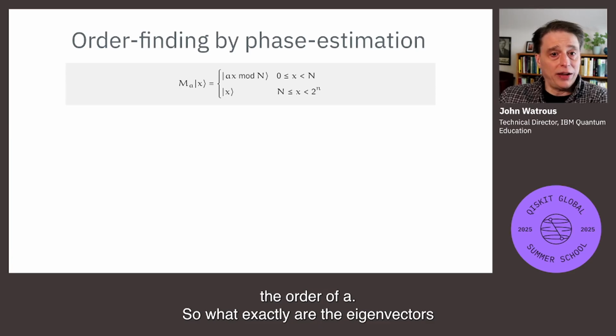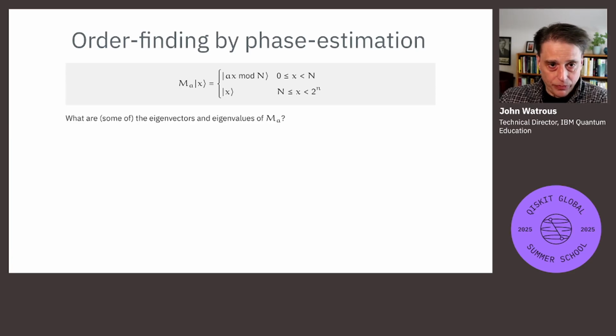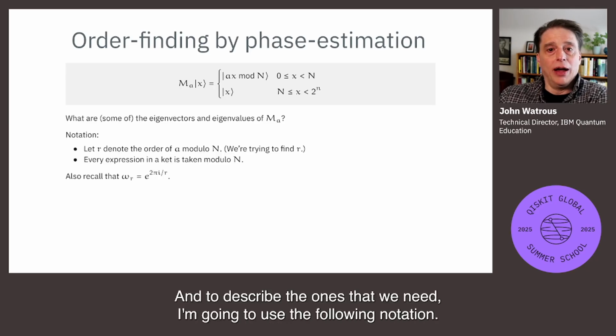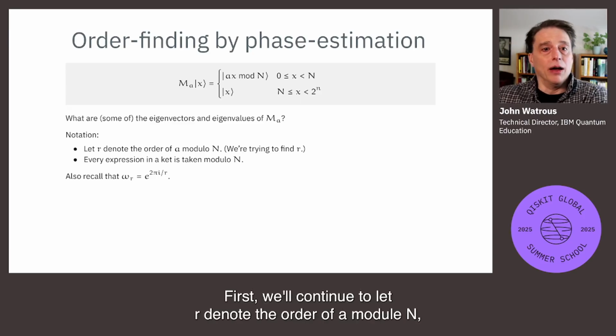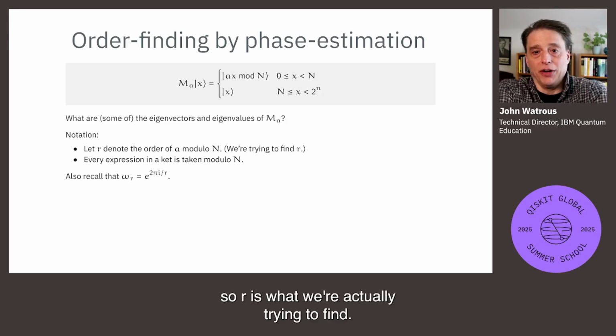So what exactly are the eigenvectors and eigenvalues of M_a? Well, we're not going to need to know all of them. We only need some of them. And to describe the ones that we need, I'm going to use the following notation. First, we'll continue to let r denote the order of a modulo N. So r is what we're actually trying to find.